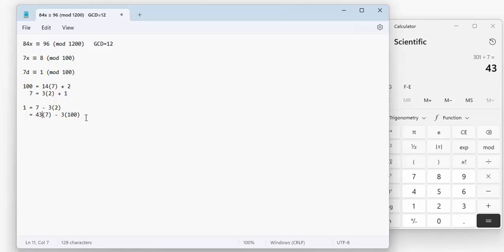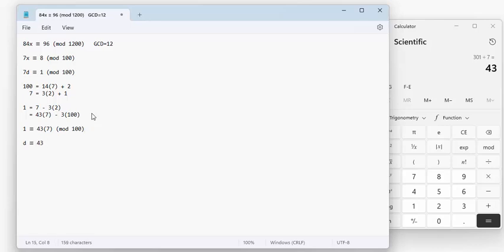Then apply mod 100. This part becomes 0. So 1 is congruent to 43 multiplied by 7 mod 100, and in this case the inverse of 7 is 43.